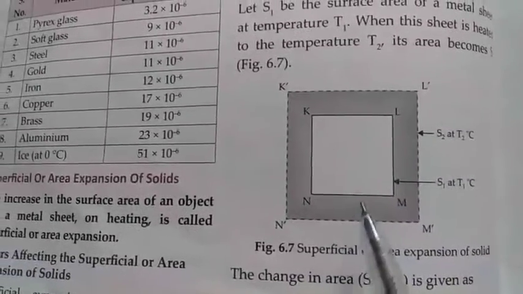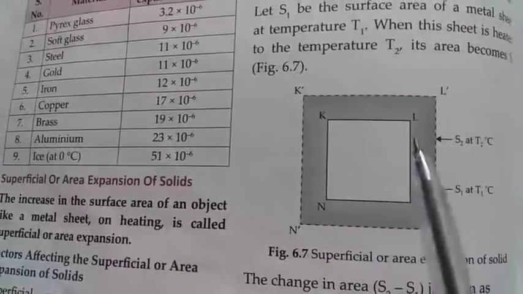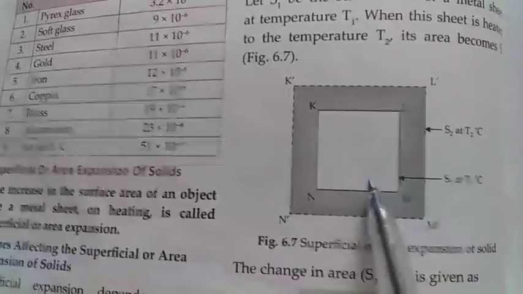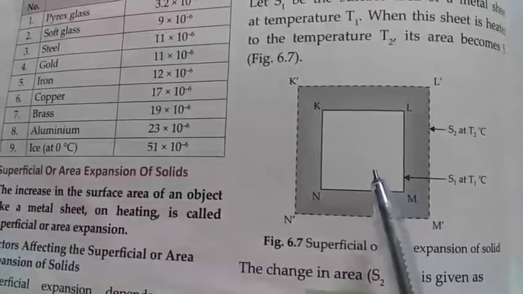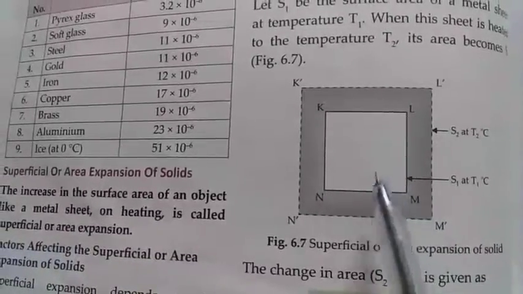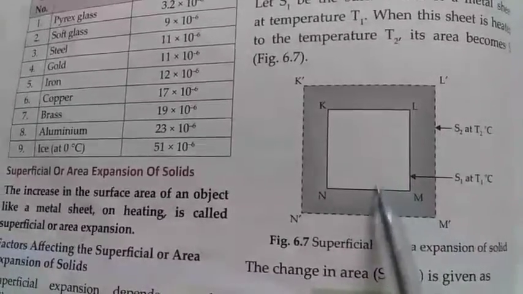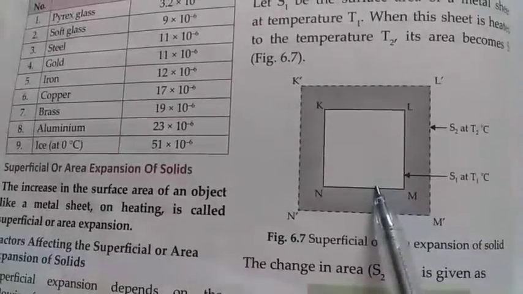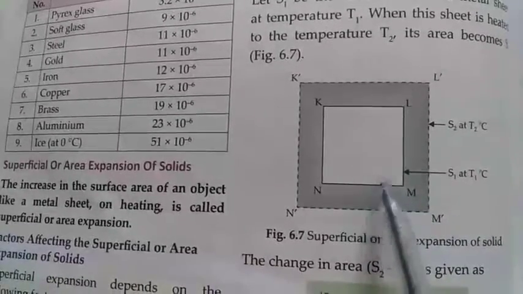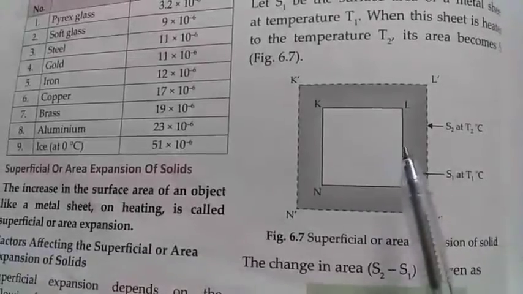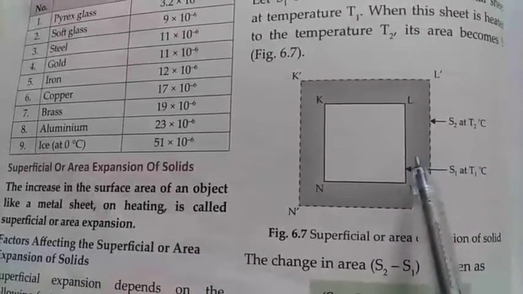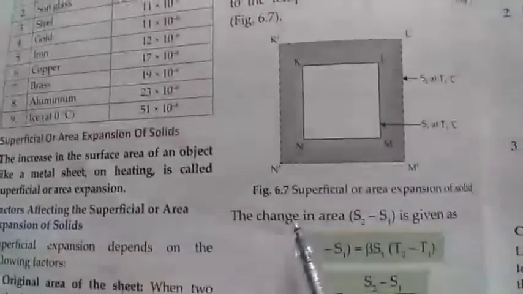So here this is the metal sheet and its surface area is S1 at temperature T1, and when it is heated to temperature T2 then its surface area becomes S2. There is an increase in the surface area. So now what is the change in area?